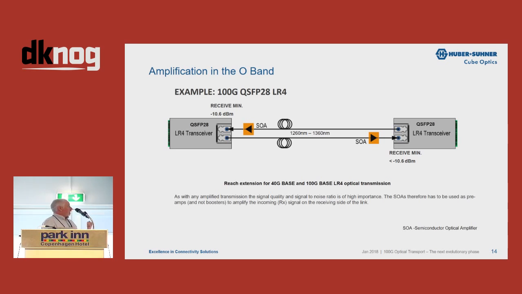It depends on the transceiver manufacturer, but any receive signal has to be around negative 10 dB on the receive leg. Anything worse than that, the transceiver will not function. So you can sit a simple amplifier on there to extend that to 40 kilometers using standard QSFP28 transceivers. Make sense?